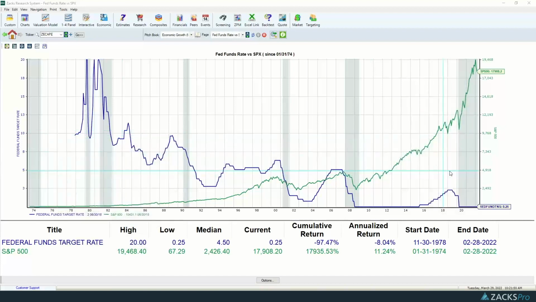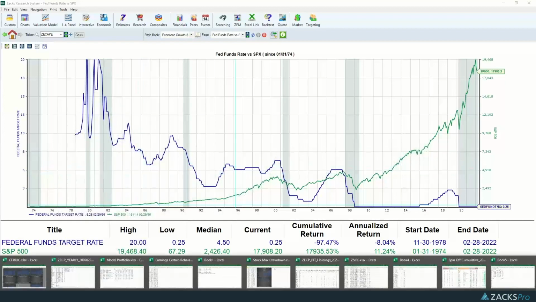Now that we're heading into a rate hike cycle, we can take a look at what has happened to the market historically whenever the Fed has raised rates. You can see that started to happen at the very tail end of 2015, the last time. Prior to that, it was in 2004. Prior to that, early 1999. Prior to that, 1993 and so on.